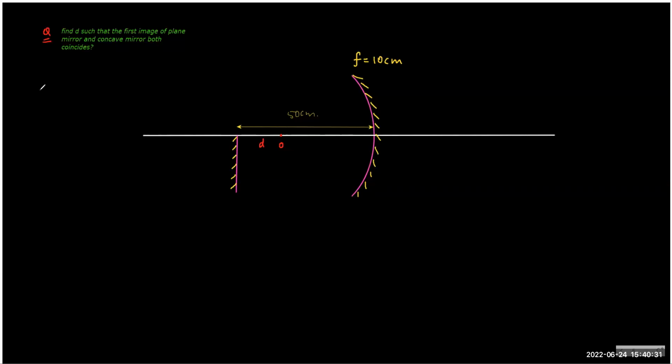So try solving this and you will get the answer. You are supposed to find the D value such that both images coincide. Think for a while, then I will stop. I'll keep this as the last question, then we can leave for the day.